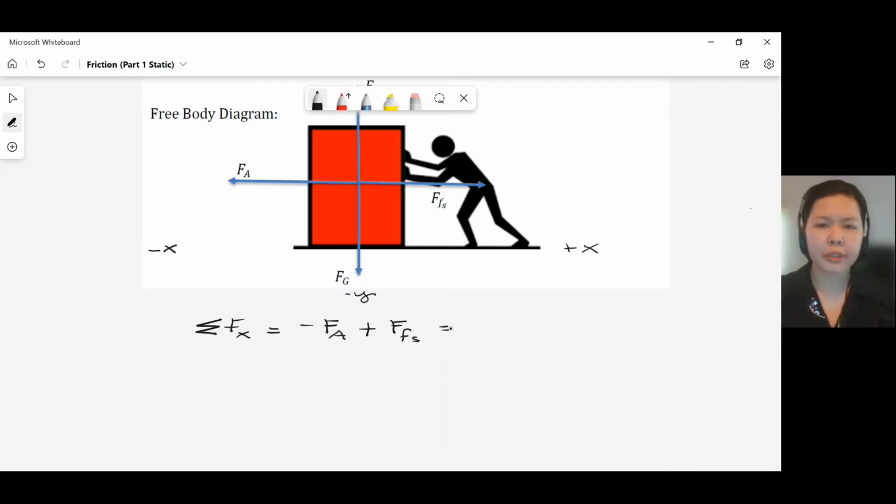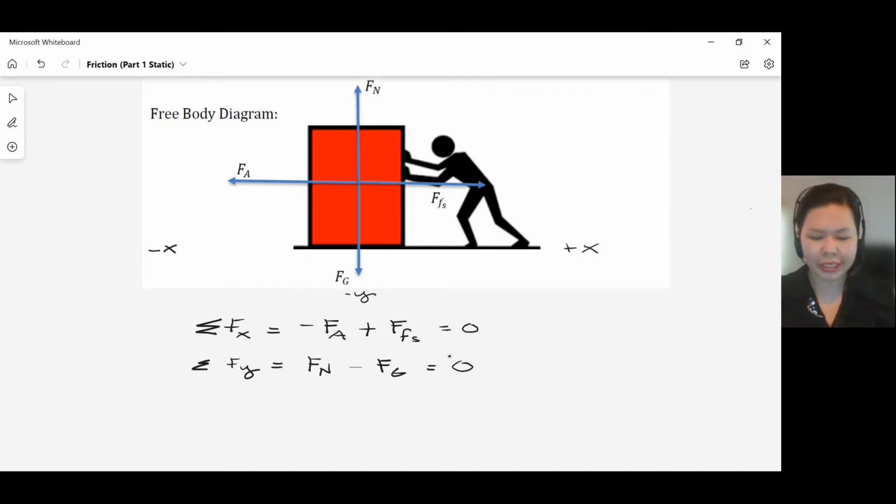Equals, we ask, is this object accelerating along the x? The answer is no. The object didn't move, in all cases, A, B, and C. And also in summation of Fy, it's plus Fn, Fn is going up, minus Fg is going down, equals, there's no movement along the y, equals 0.